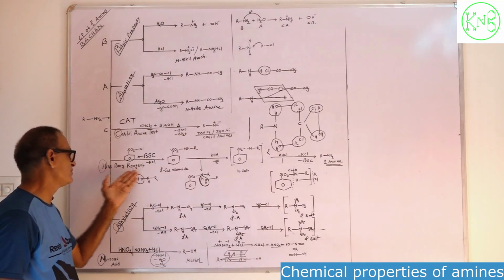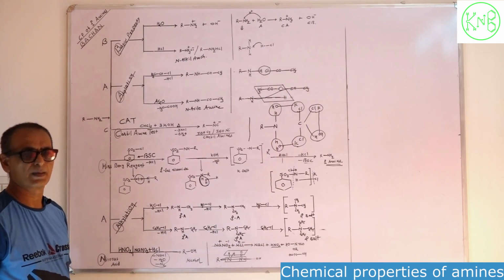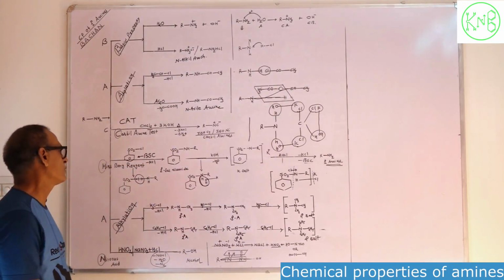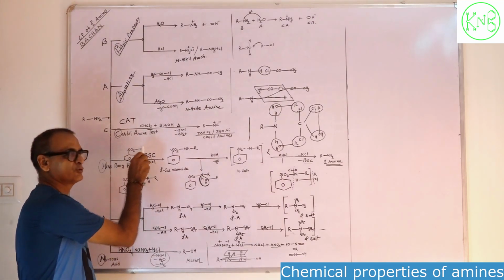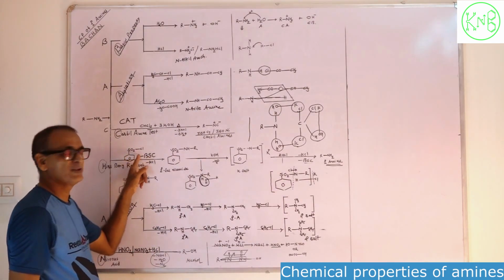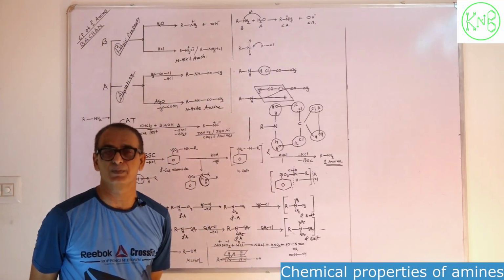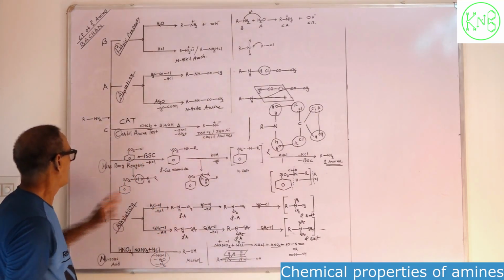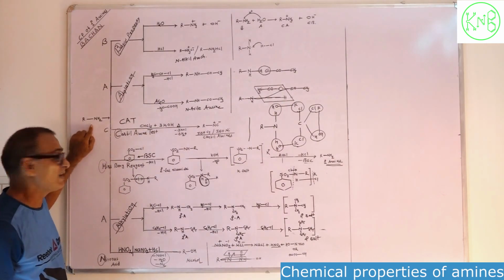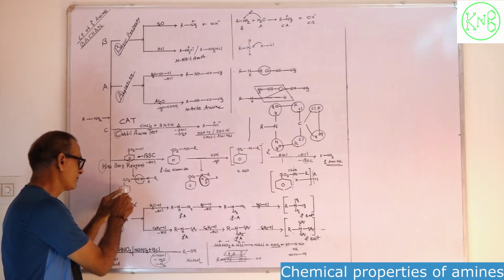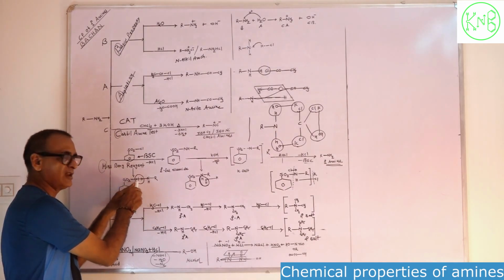Next one is the reaction with Hinsberg reagent. What is the Hinsberg reagent? Benzene sulfonyl chloride, benzene having SO2Cl. It is known as benzene sulfonyl chloride, otherwise also known as Hinsberg reagent. This primary amine RNH2 will react with this Hinsberg reagent, benzene having SO2Cl.